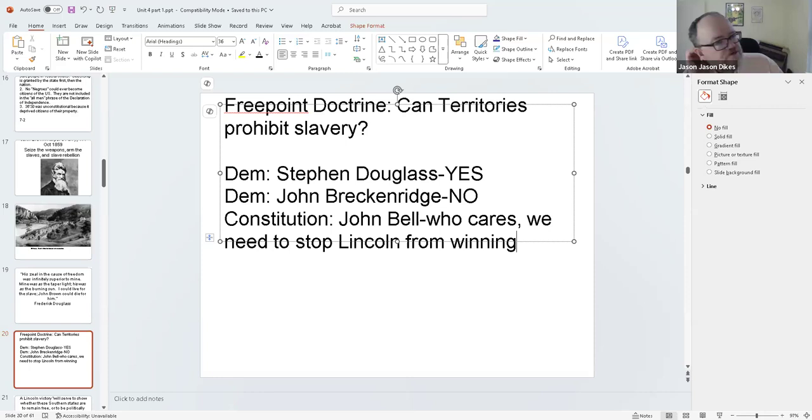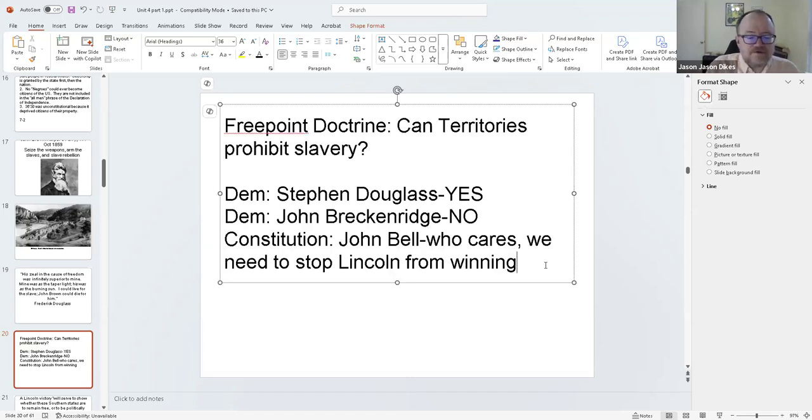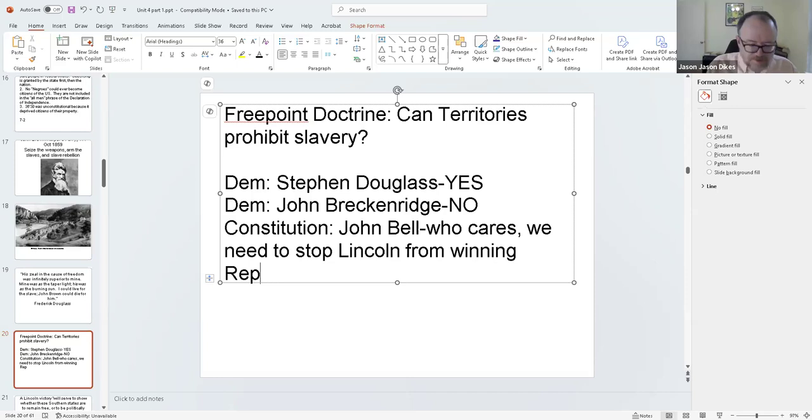They were hoping to prevent Lincoln from getting enough electoral votes to win. That would have thrown the election to the House of Representatives, where maybe a compromise candidate could have been found. And then finally, the Republican candidate, Abraham Lincoln, who said yes, territories could indeed prohibit slavery.